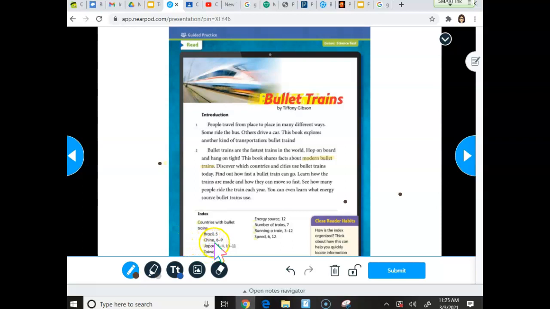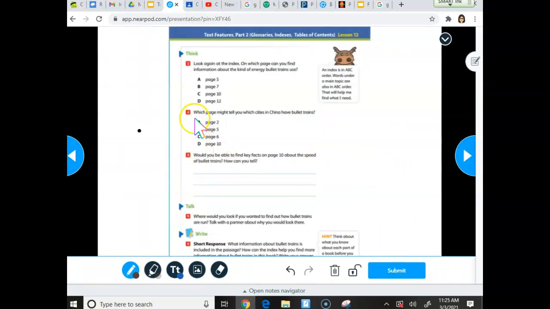All right, China is 6 through 9. So what pages is that, guys? 6, 7, 8, 9. So which one of those would it be? You've got 6, 7, 8, or 9. It's got to be one of those.